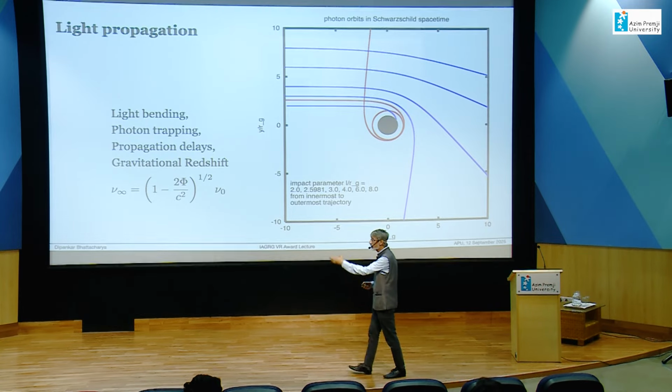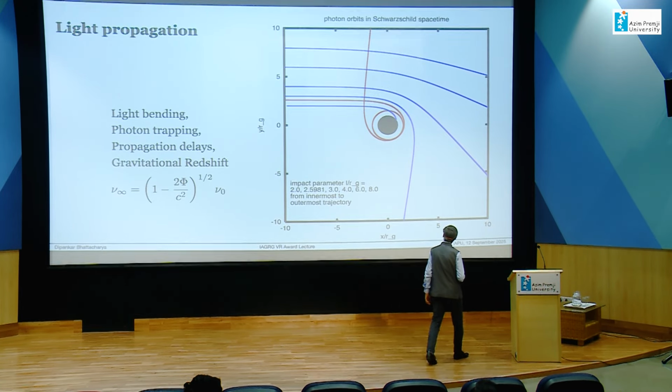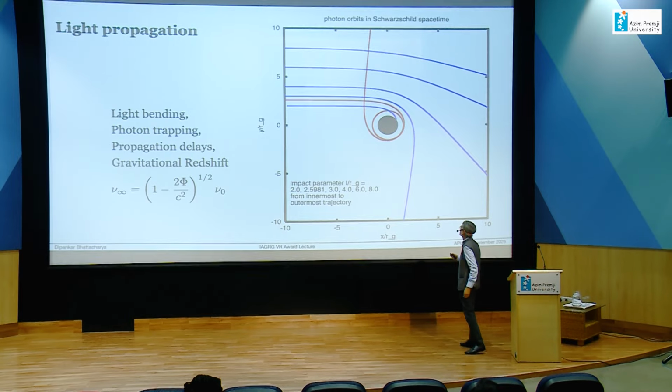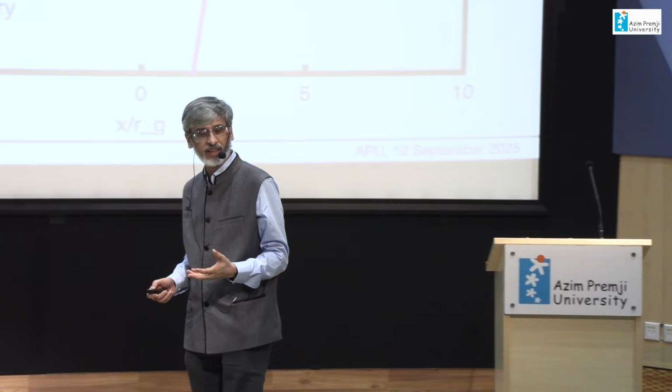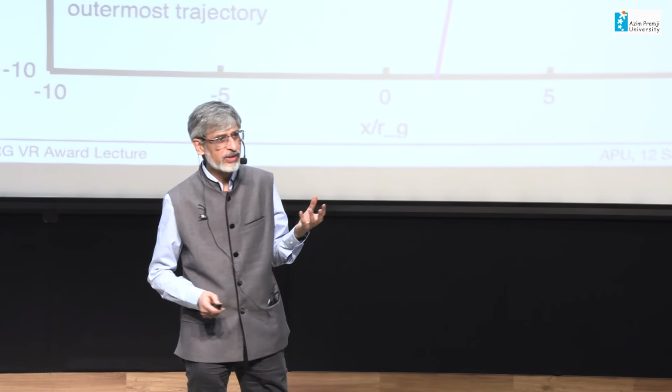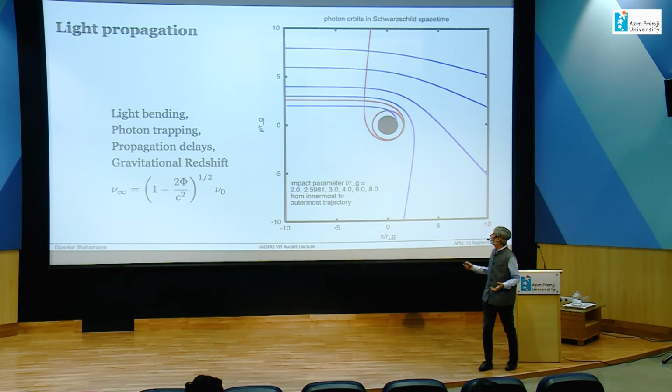So, if you look at the orbits of photons in this Schwarzschild gravity, you have light, and we are used to light traveling in a straight line. But the gravitational field does bend light, and when you have a black hole with such a strong gravity, it bends light strongly, and these are calculated bent light trajectories going at different distances from the black hole.